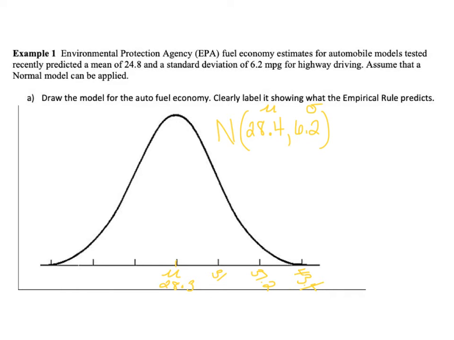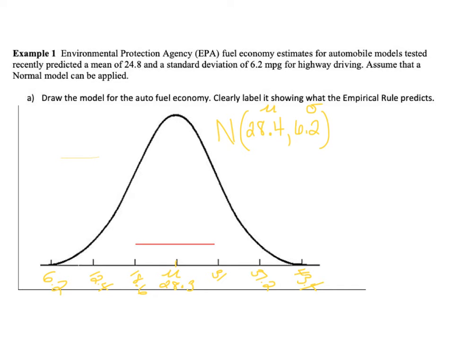Now I'm also going to subtract standard deviations to the left of the mean, so this would be 18.6. If I subtract 6.2 more, I get 12.4, and then 6.2. I'm supposed to label what the empirical rule shows.